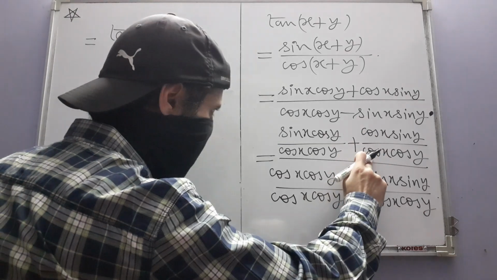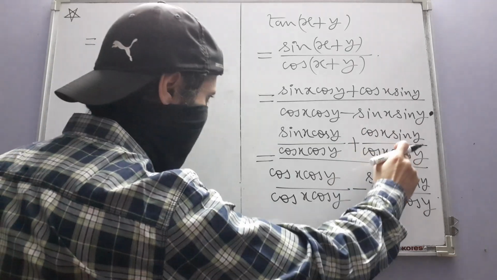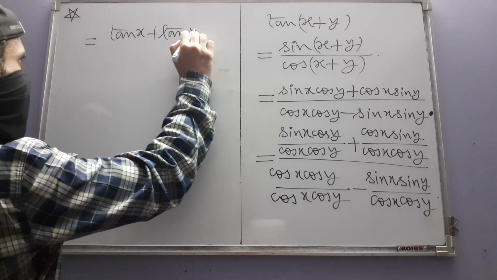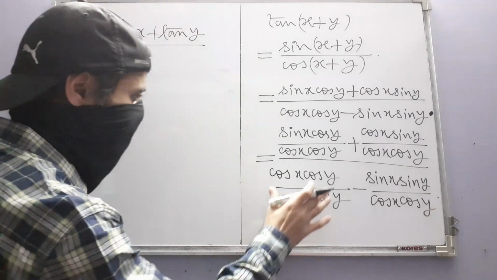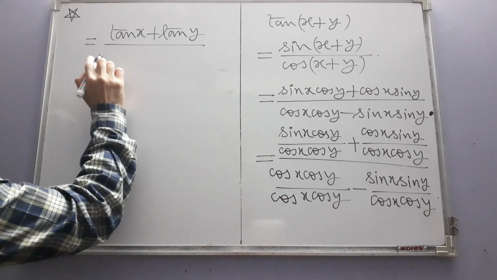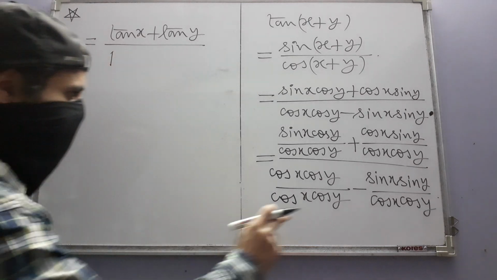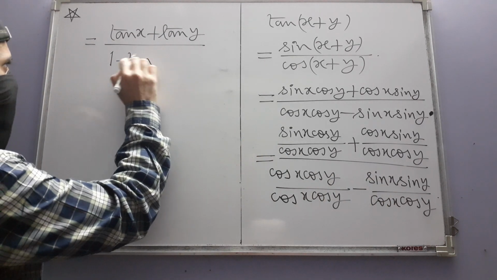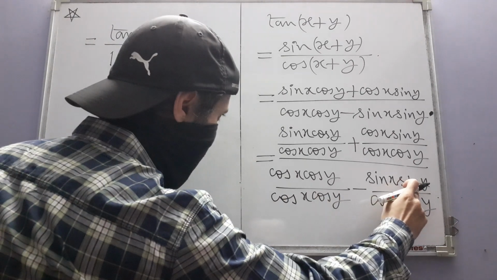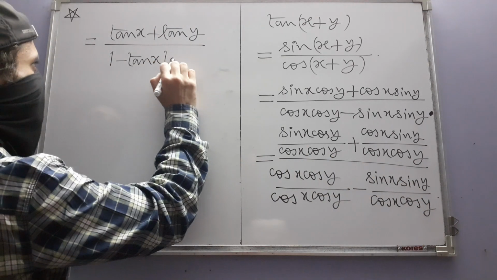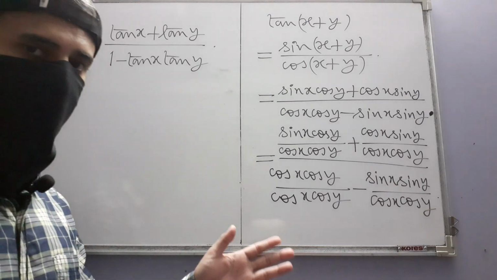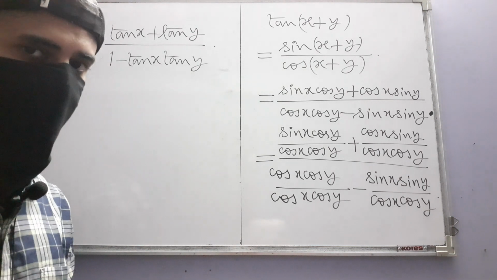Here cos x and cos x cancel out, and sin y divided by cos y is tan y. Here everything cancels out and you have 1. Sin x divided by cos x is tan x, and sin y divided by cos y is tan y. So that's how you have your addition formula for tan as well.